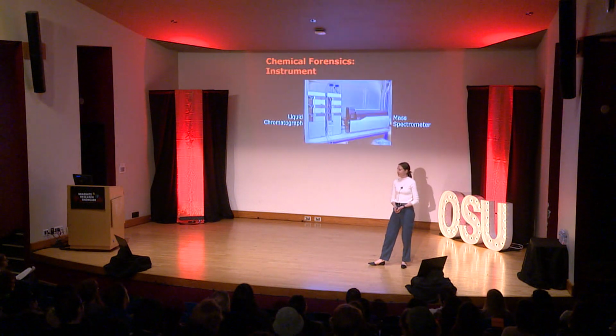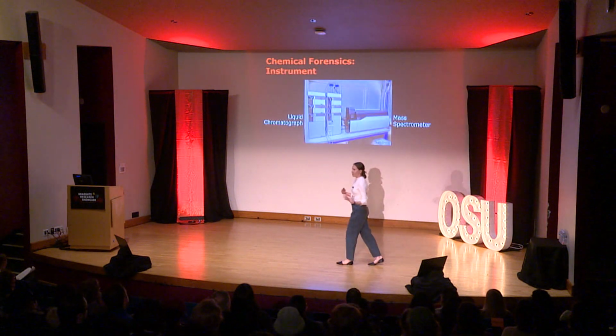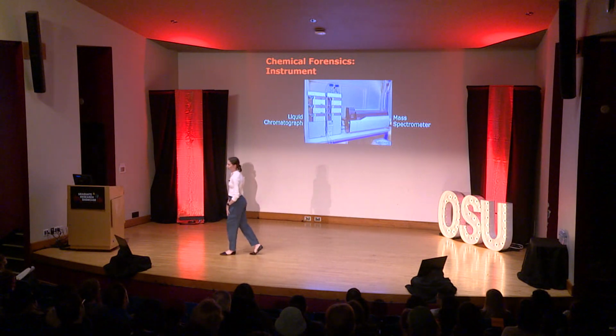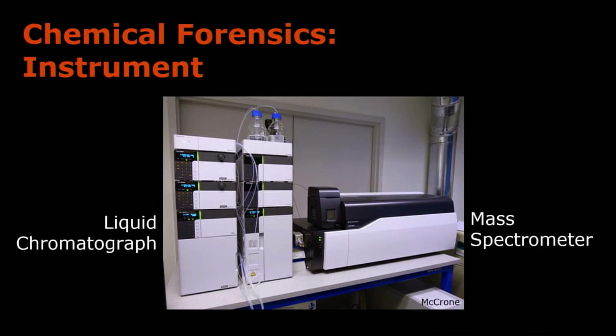And how do I do this? I use the same instrument we heard in Lorinda's talk, a liquid chromatograph and mass spectrometer. And this allows me to separate and detect the tens of thousands of chemicals in biosolids. The method I use is called non-target analysis, which lets me detect everything in these samples.